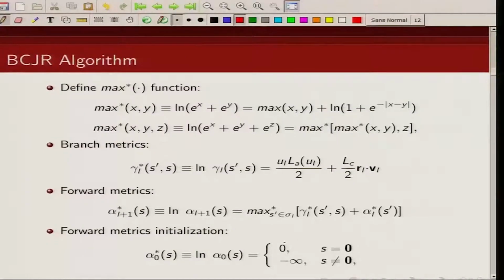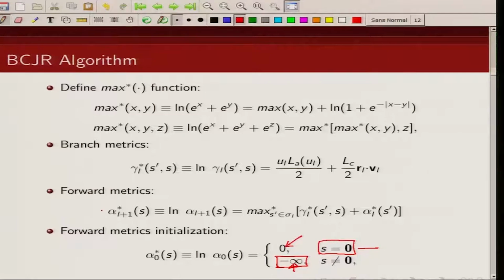When we take the log of that, the initialization for the initial state 0 becomes log of 1, which is 0, and for the probability of being in all other states, it becomes minus infinity.